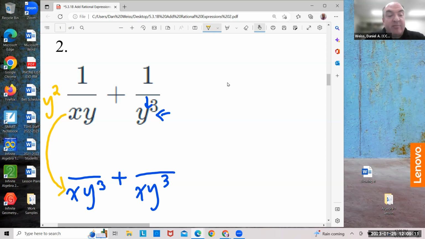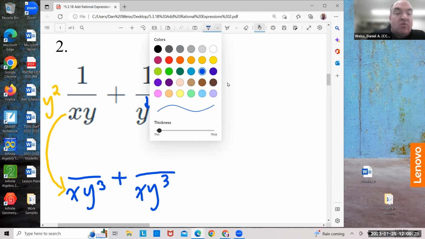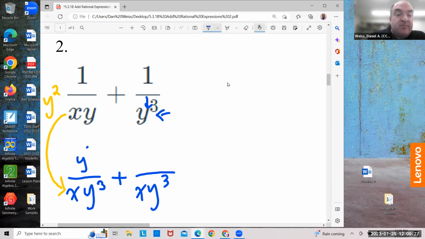Since the bottom gets multiplied by y to the second, whatever you do to the bottom, you've got to do to the top. So 1 times y to the second is y to the second.